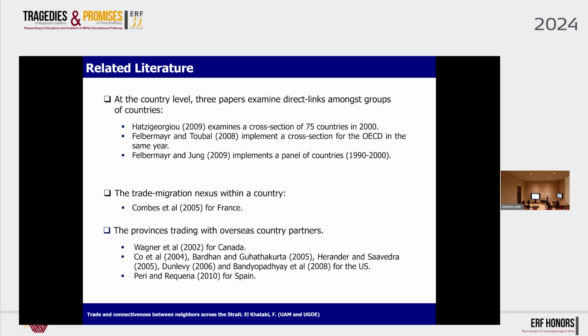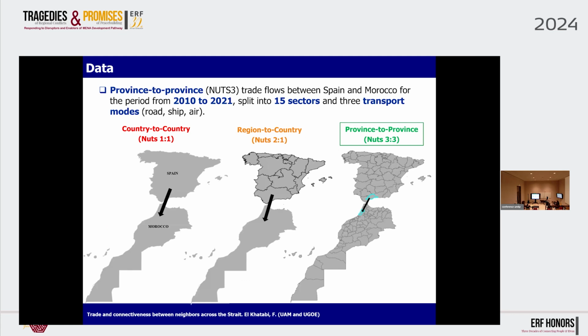Yesterday we talked about this in the parallel session, about the lack of trade data in the Middle East and North Africa region, especially at the subnational level. To the best of our knowledge, the official information available is at the country-to-country level. In the case of trade, it is exports and imports from Spain to Morocco as a whole.